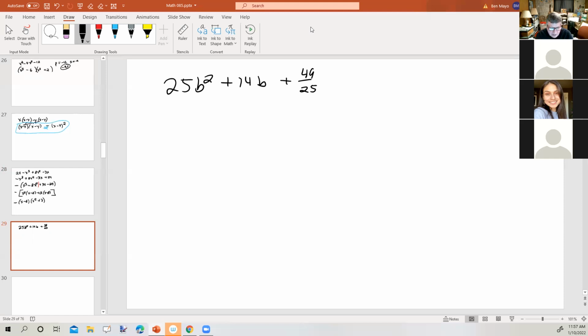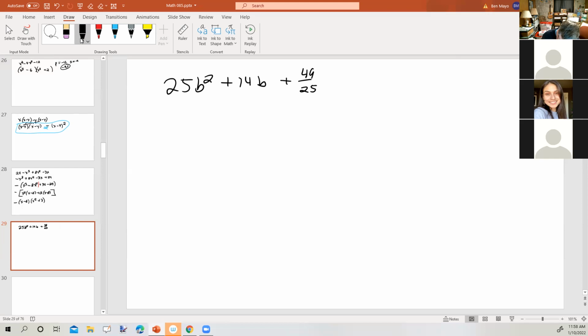So this is a trinomial in standard form with no greatest common factor, but it could be a perfect square trinomial because 25b squared is 5b, the quantity squared, and 49 over 25 is 7/5 squared. That wouldn't be a plus, but my point is it starts with a square and ends with plus a square.